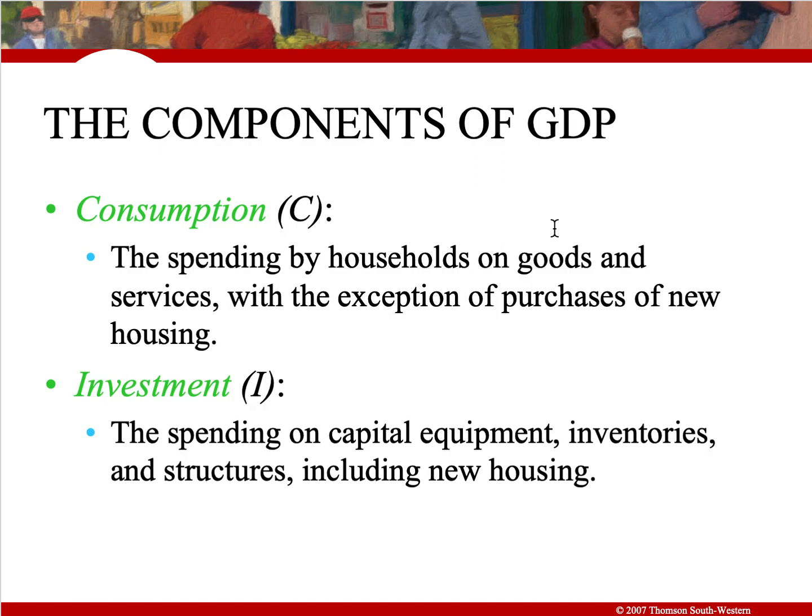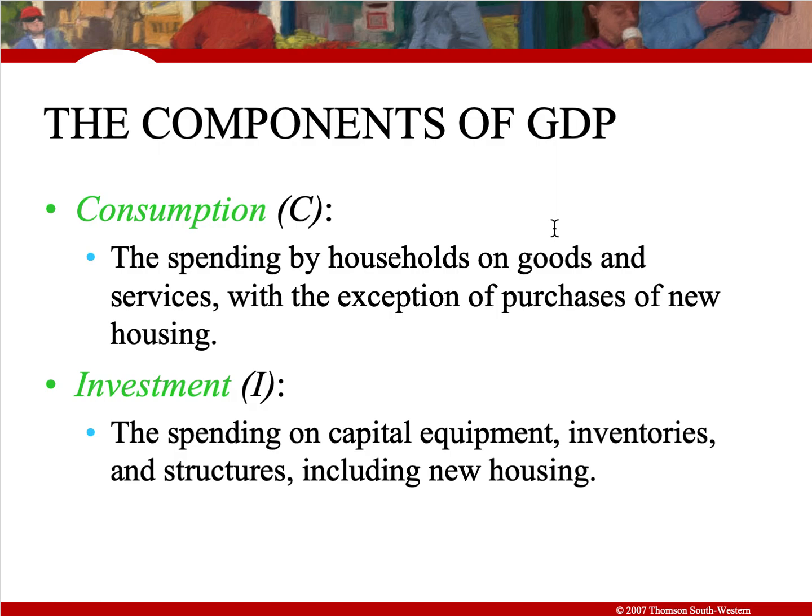So what is consumption exactly? Consumption refers to the spending made by households on goods and services, with the exception of purchases of new housing. Why purchases of new housing? Normally, a new house will take time to be completed.